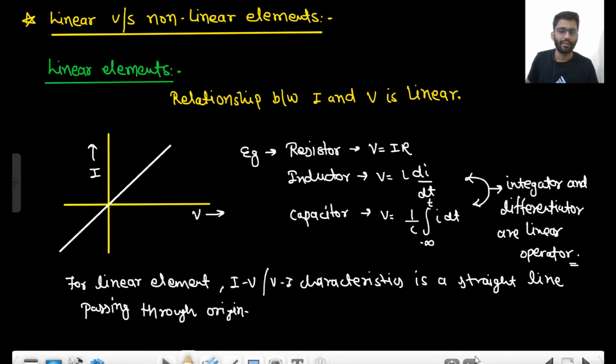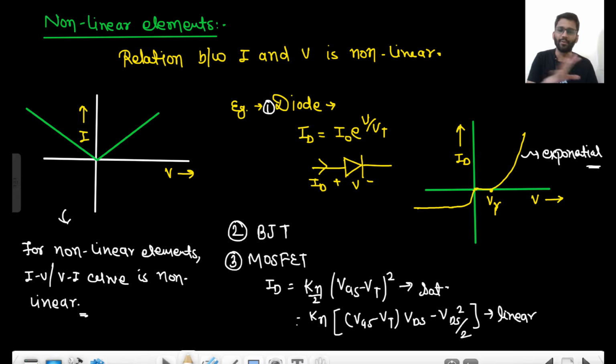So you have understood the concept of linear and non-linear elements. It will be used many times while studying the complete EC through your BTech. Linear element, non-linear element, linear system, non-linear system. About systems you will study in signals and systems, what is a linear system and what is a non-linear system. But talking about elements, I have told you these things. So these are the basic things about linear and non-linear elements.